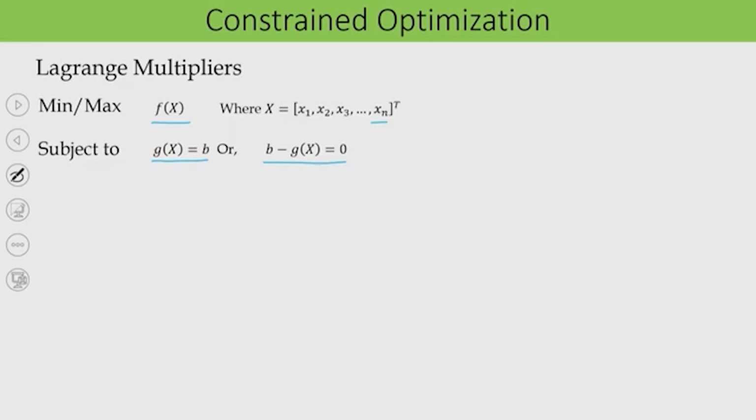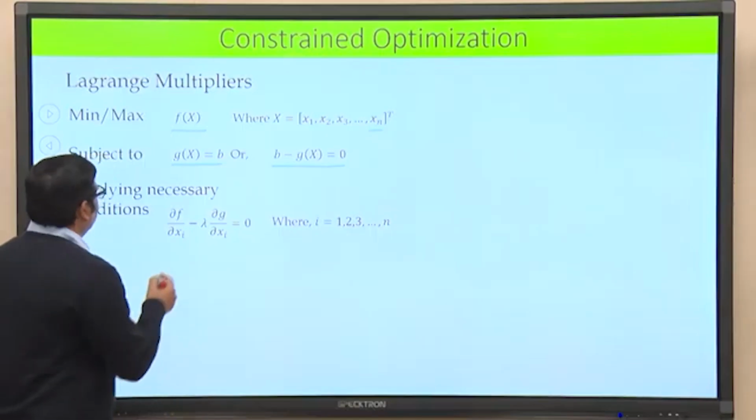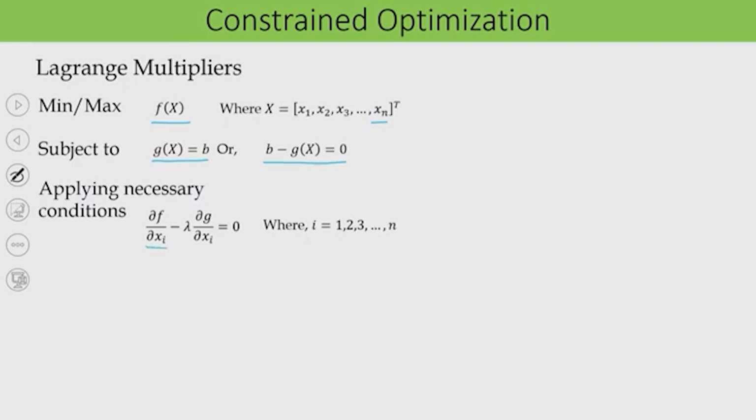Applying the necessary condition, the partial derivative with respect to each variable should be equal to 0. So I get del f by del x i minus lambda del g by del x i equal to 0, where i equals 1, 2, 3 up to n, and I also get b minus g x equal to 0.